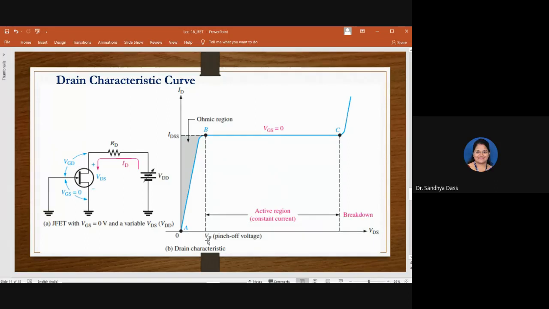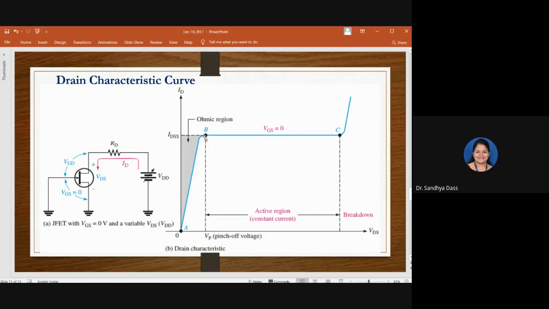Where VDS is below VP, if it is increasing, the drain current is also increasing. In this region, the resistance will be almost constant, but as VDS reaches VP, resistance increases. Look at the curve there.